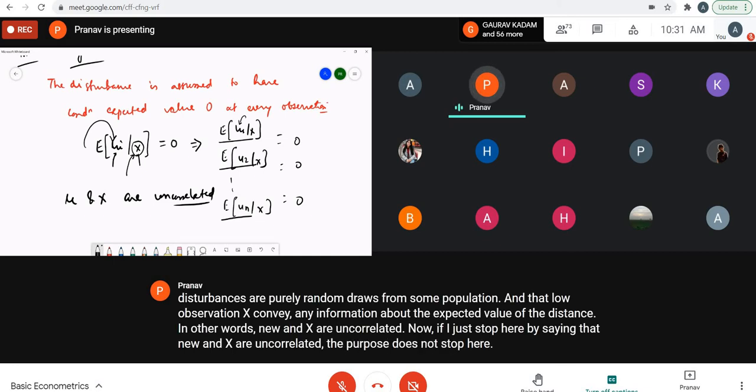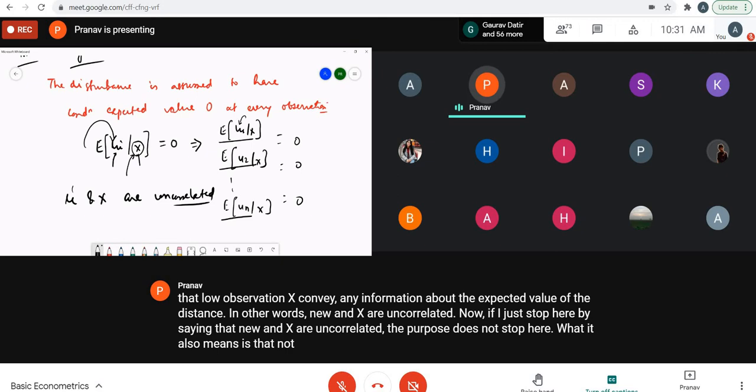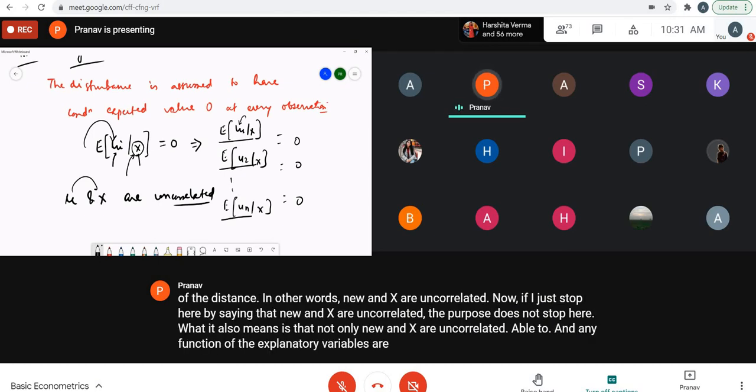What it also means is that not only are mu and X uncorrelated, the error term and any function of the explanatory variables are also not related.